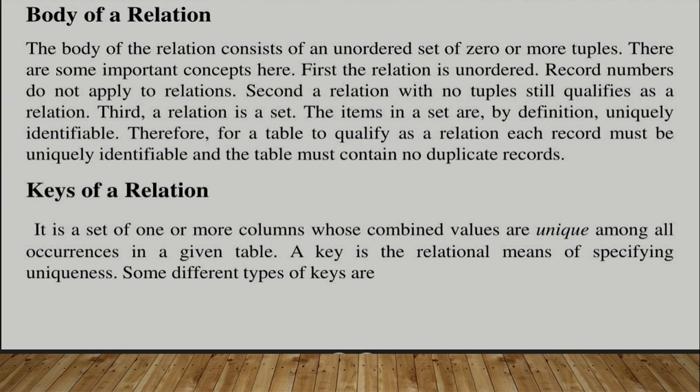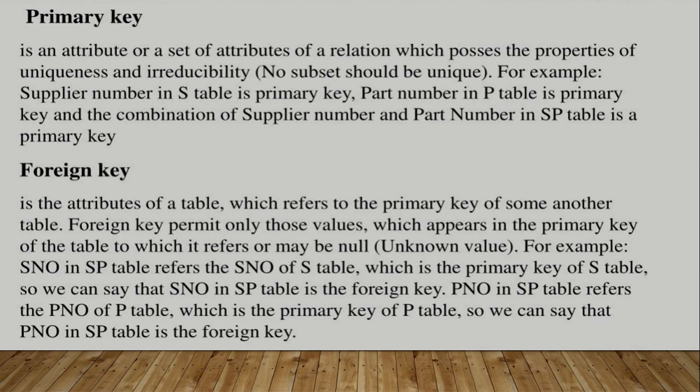Then we have keys of the relation, which is a set of one or more columns whose combined values are unique among the occurrences in the given table. Some of the major keys are, first of all, the primary key, an attribute or a set of attributes of the relation which possesses the property of uniqueness and irreducibility. For example, if we have two tables, an S table and a P table, right?